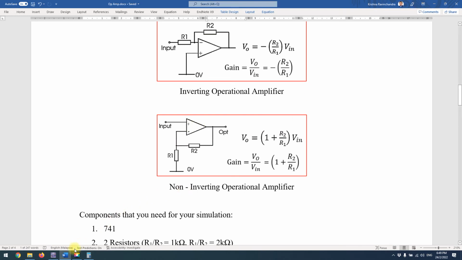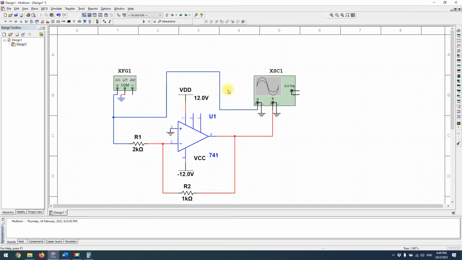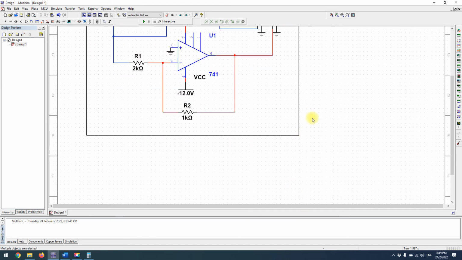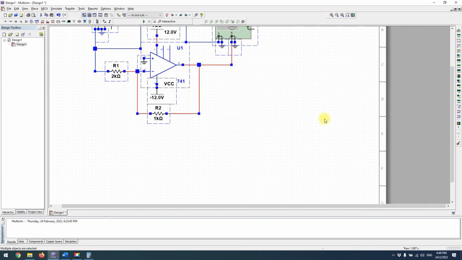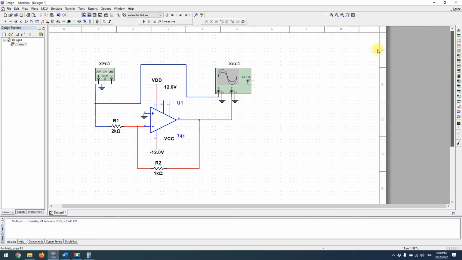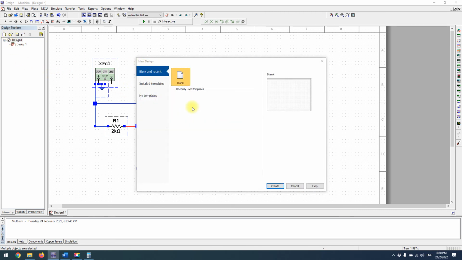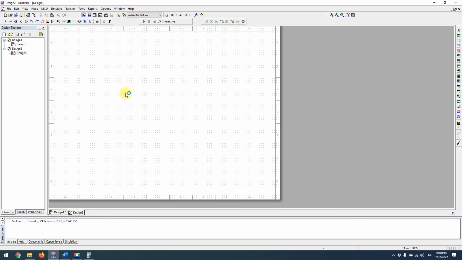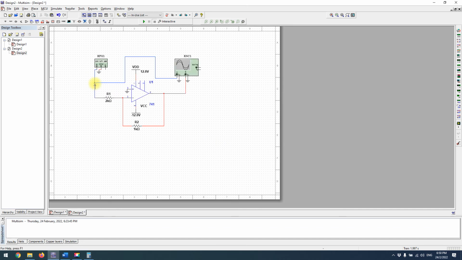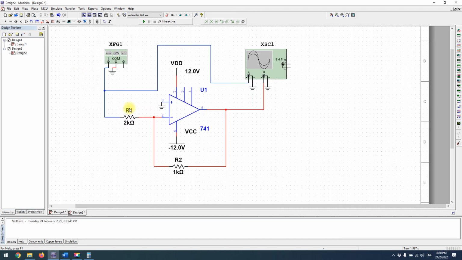So we'll just copy this, and then we'll create the rest. Let's disconnect this.